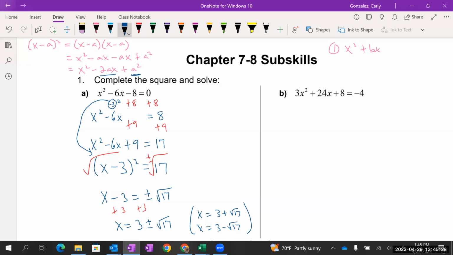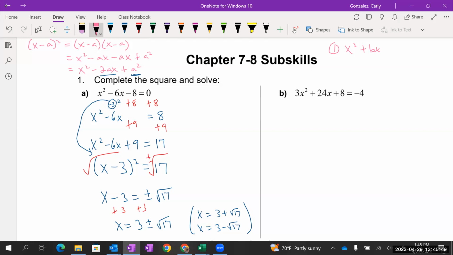Also for solving equations like this, it's nice if the b term is even. If it's not even, this process is not ideal, but sometimes we have to do it anyway, but it's definitely a nice option if that b is even.